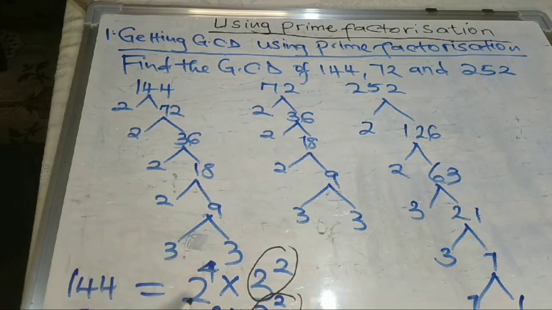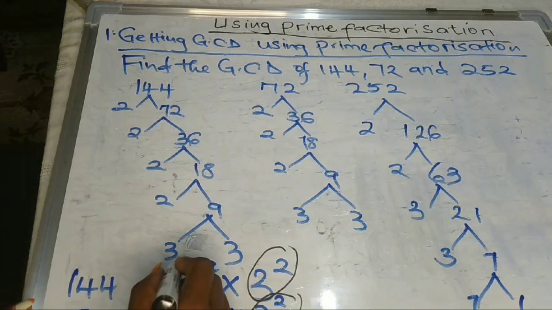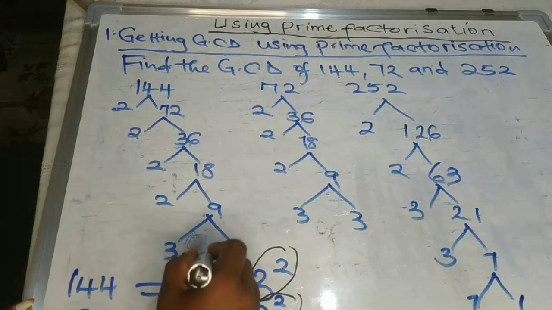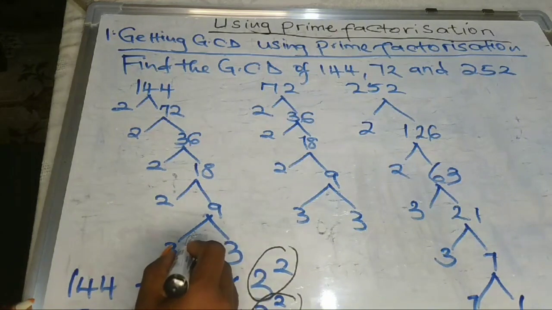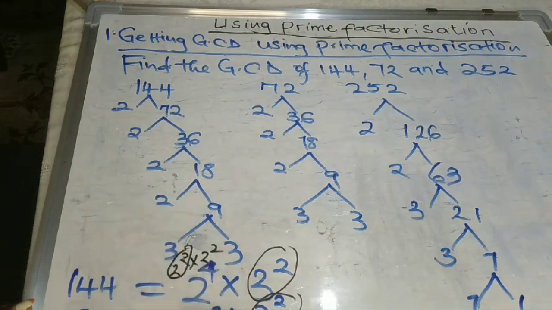Because this one being 2 to power 4 can be 2 squared times 2 squared. This one can be rewritten as 2 squared times 2 squared. So we just pick one. Then this one we can write as 2 squared times 2, so that we pick the squared one, and here we pick the squared one.